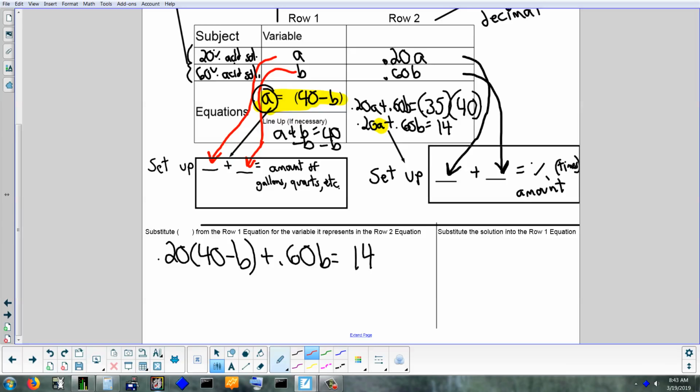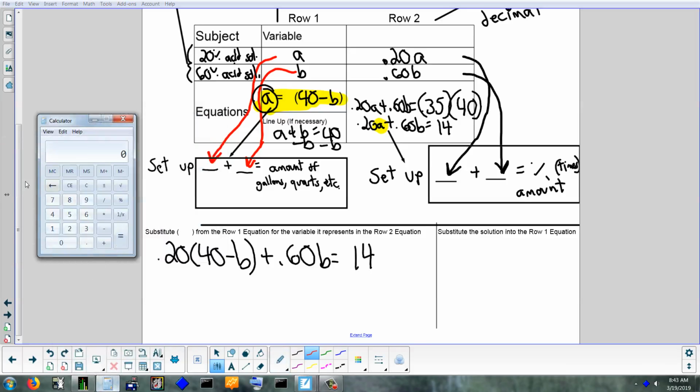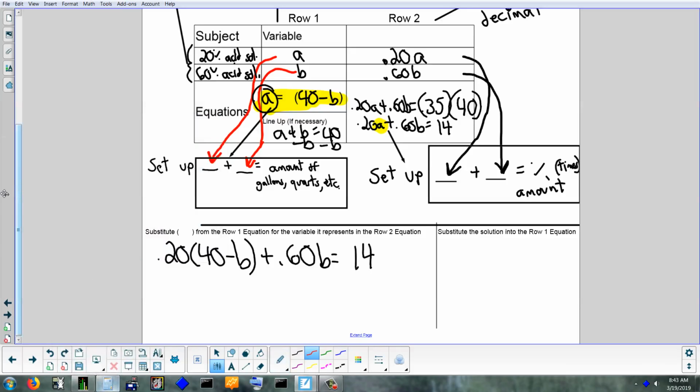I figure it's one less piece of arithmetic that you have to do. All right? So again, just like yesterday, I'm taking the variable that's by itself, that's isolated. I'm plugging in this information for this variable in the other equation. That's why A is highlighted here. Because I'm plugging in 40 minus B, that's how I got this 40 minus B, because I'm plugging it in for that.